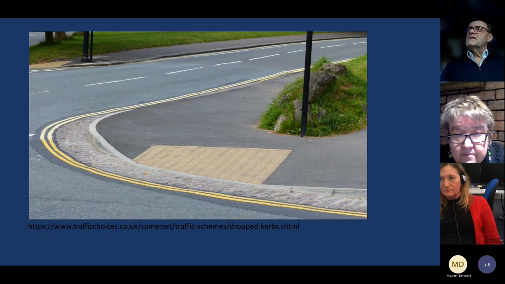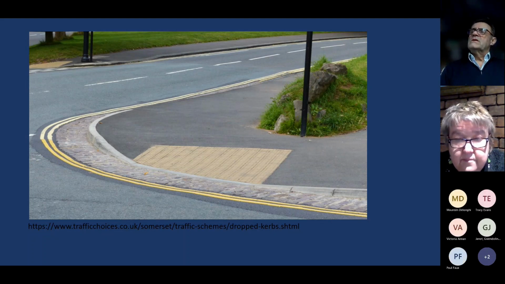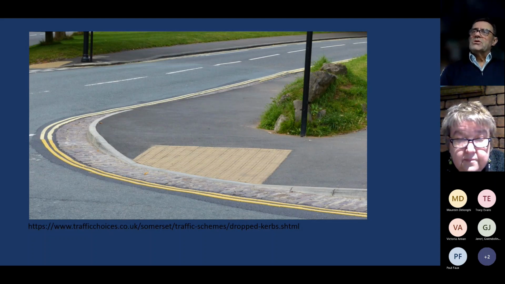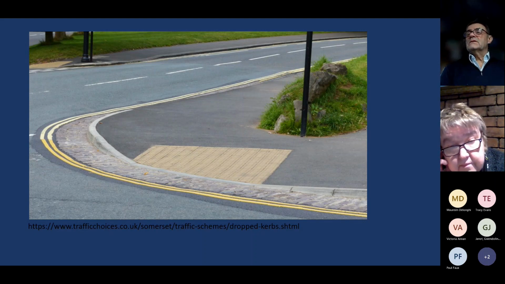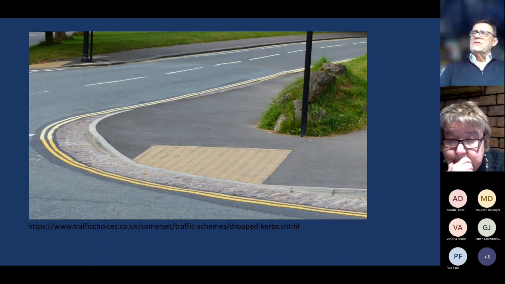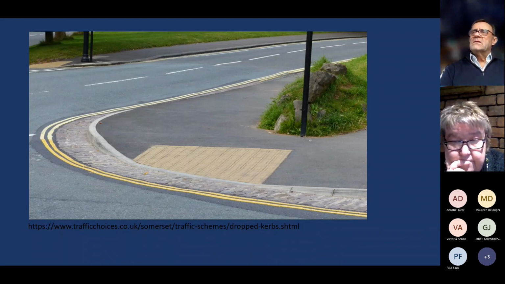So this is a very simple example of universal design, the drop curb. As you can see, it would support people who are in wheelchairs to cross roads. But obviously it would also help people who are pushing buggies, pulling wheelie cases, cycling bikes. You can see the knobbed surface there, so that if you're visually impaired, you know when you get to the curb.